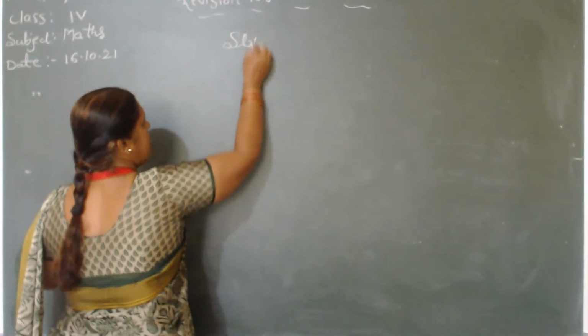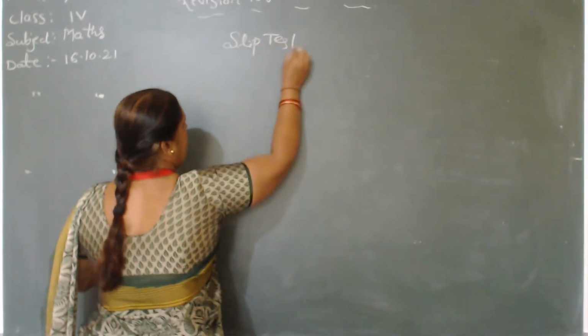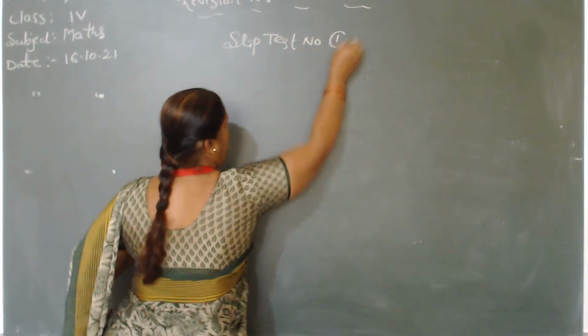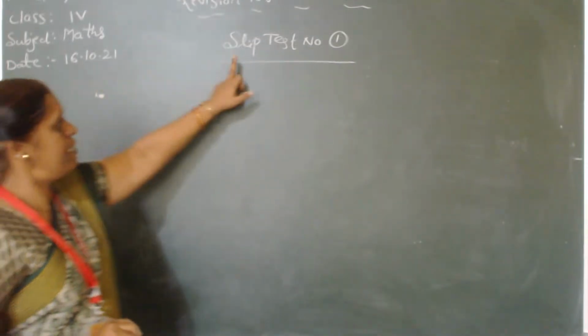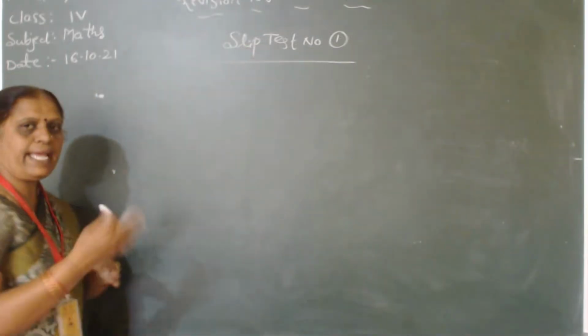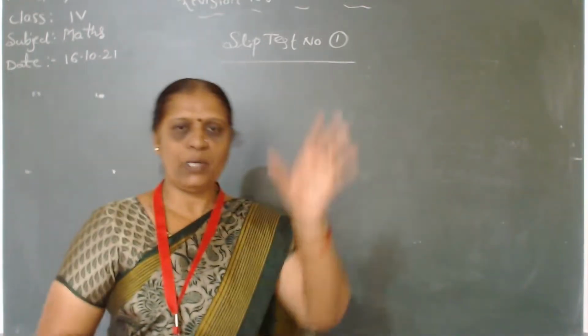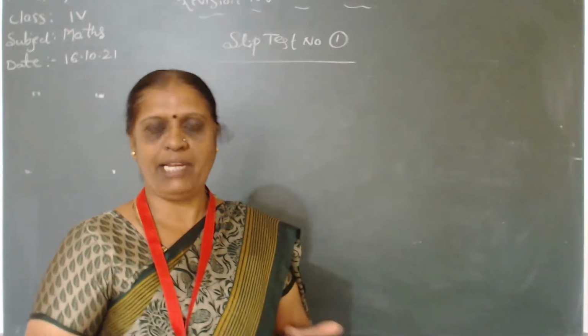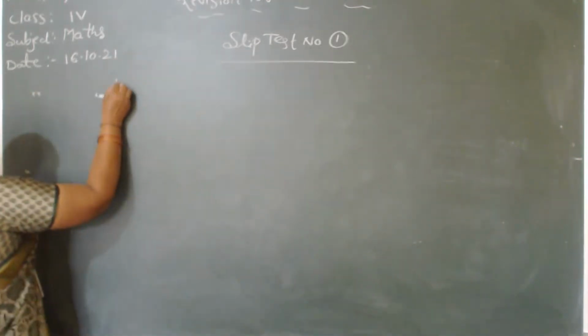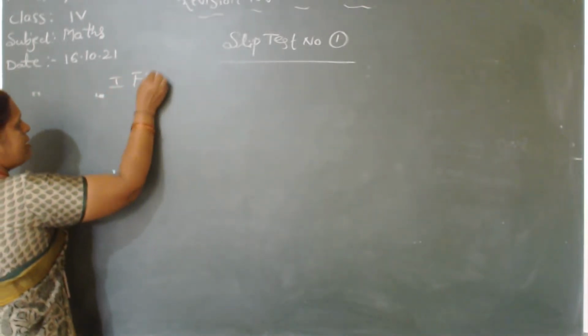Slip test number 1. What I explained today, I have explained about all the fill in the blanks. All 12 fill in the blanks I will give now with different numbers. So start with the fill in the blanks.